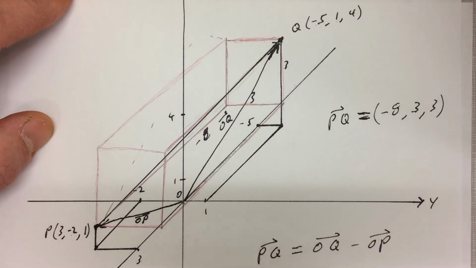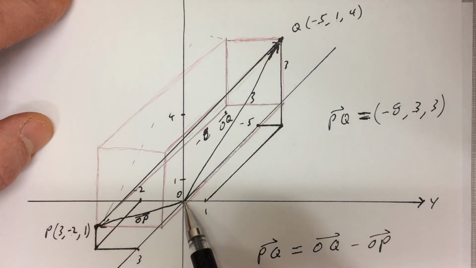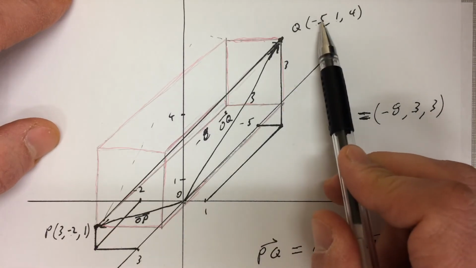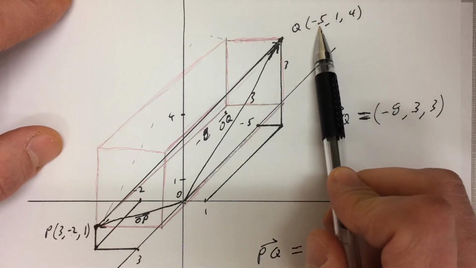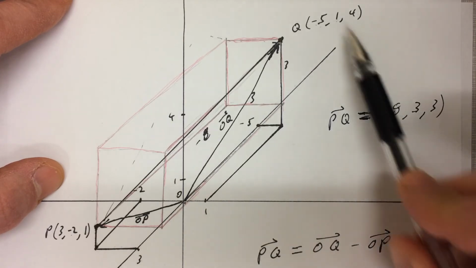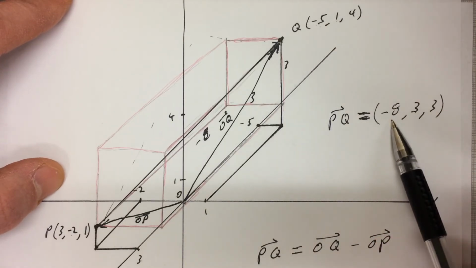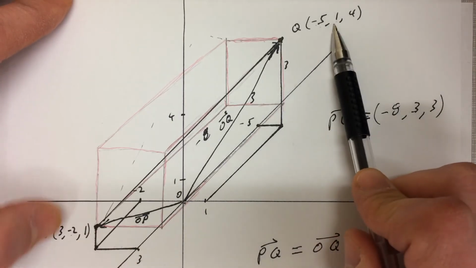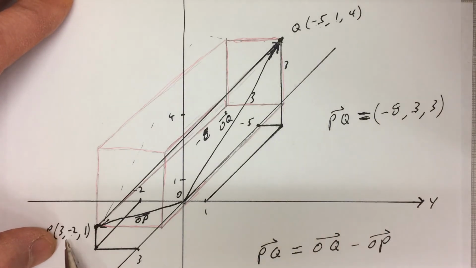Okay? So it's as if you have to translate this point P back to the origin here. And if you did that, if you take the negative 5 in point Q and you translate it 3 units backwards, because you have to move this back 3 in the x, negative 5 turns into a negative 8. Okay? And the 1, I'm going to translate it 2 units.